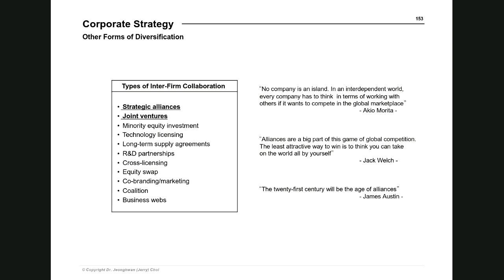M&A is the most active strategy, however, there are softer strategies to make external growth, such as strategic alliance and joint ventures, like Shanghai Dazhong, Shanghai Volkswagen. Okay, and however that will be gone. There will be joint ventures, minority equity, technology licensing, R&D partnership, equity swap, and business swap.